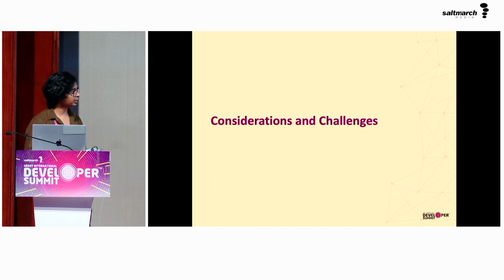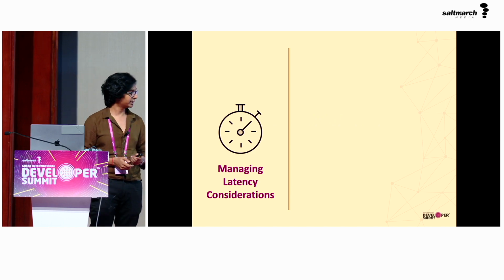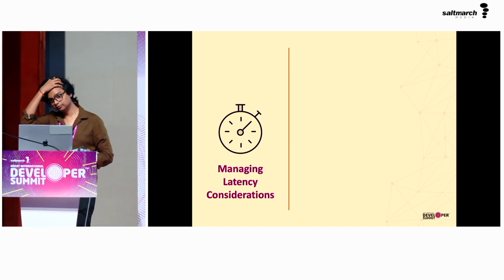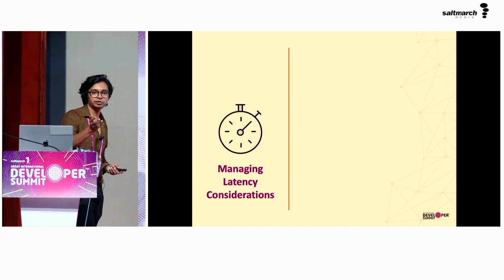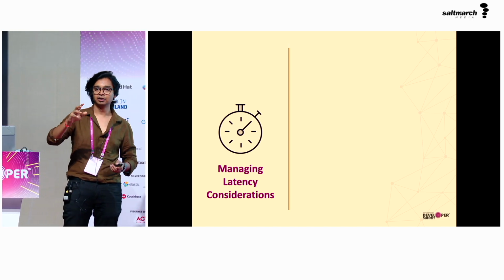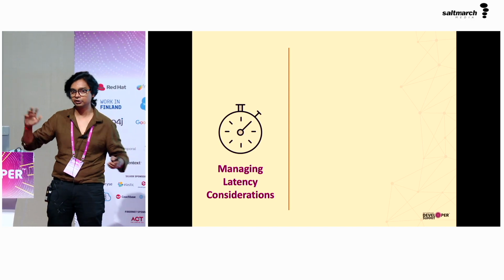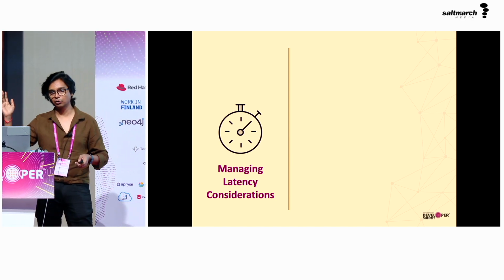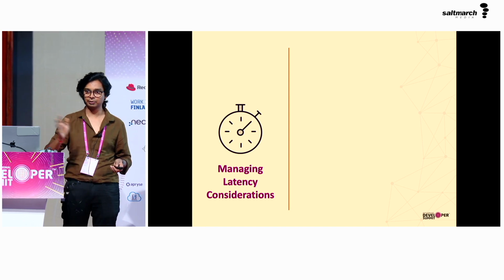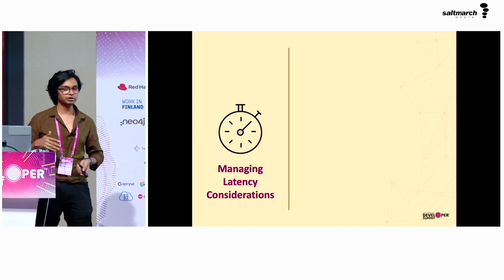But let's look into what are the different considerations and challenges that are there. The first one is around latency. The worst thing that can happen is that you have asked your team, hey, go ahead and use these GenAI tools, and they have said, hey, explain my code, and then it took them, I don't know, 10 minutes, 20 minutes. They went for a coffee break and then came back, and your API response was still not done. Obviously, you don't want that, right?